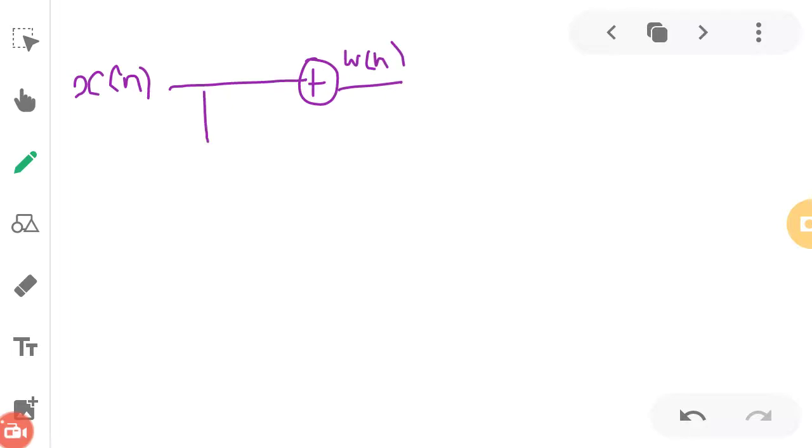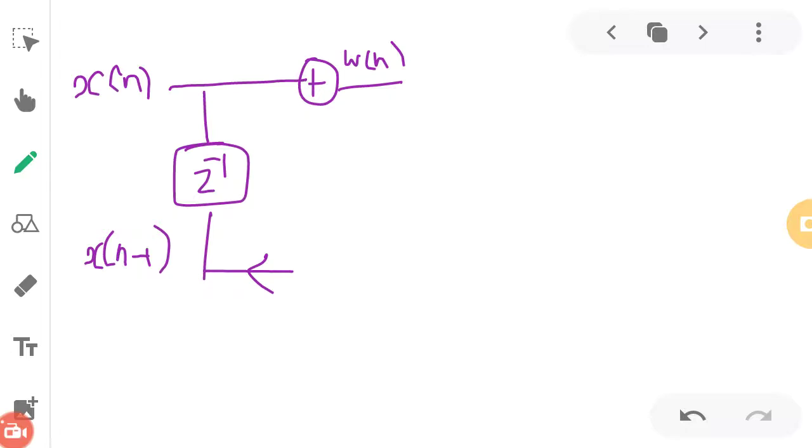Then x of n minus 1 we have to find. For that we will take the Z inverse, and here we are getting x of n minus 1. The magnitude will be minus r cos omega 0, and then we will add this thing.